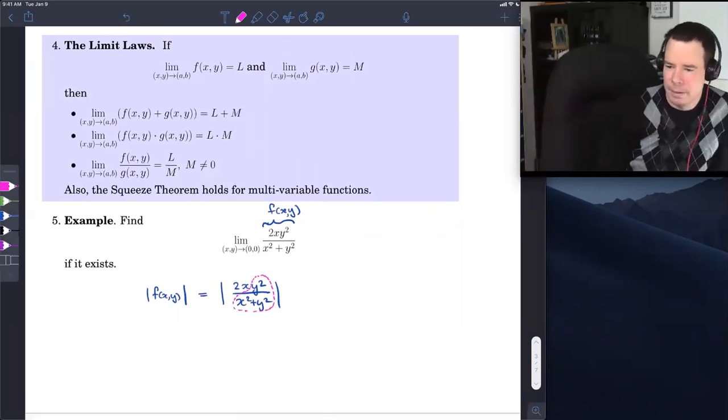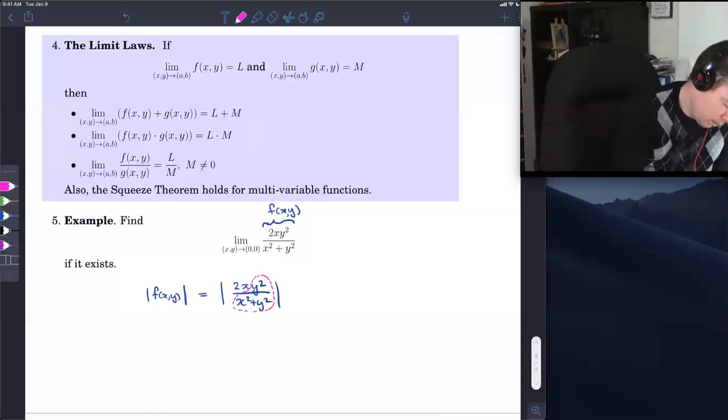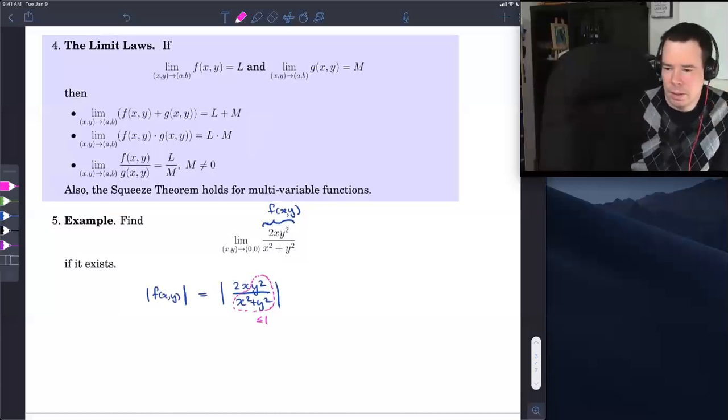So how big is this thing? y² over x² + y². Yeah, it's at most 1. This thing is at most 1. Because, again, the same idea we had before, the denominator, x² + y², is bigger than y².